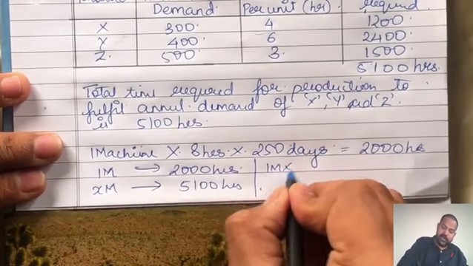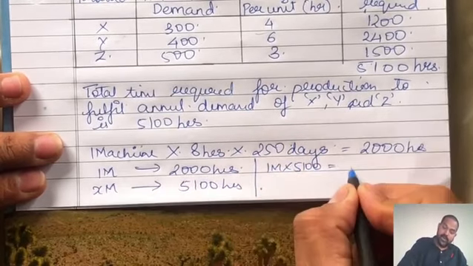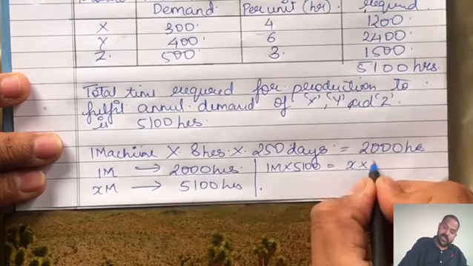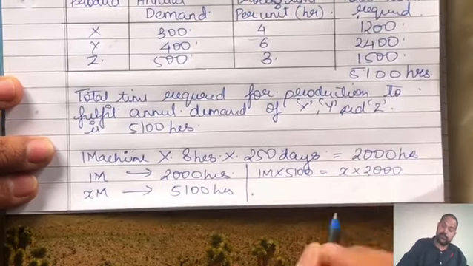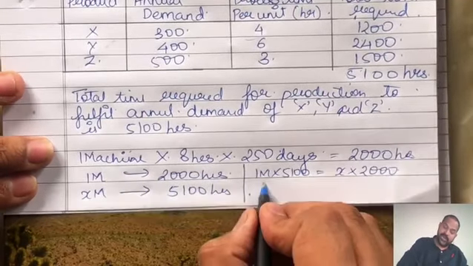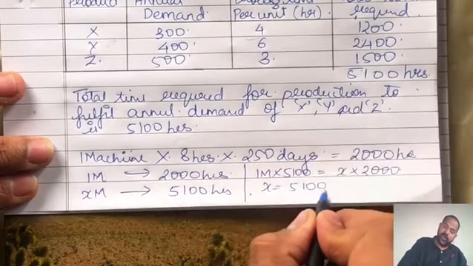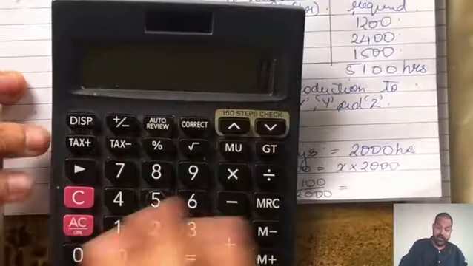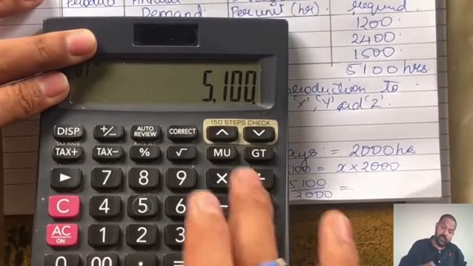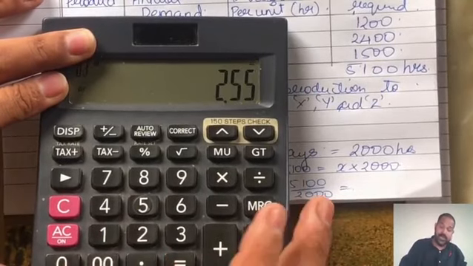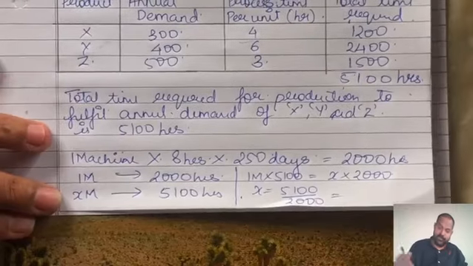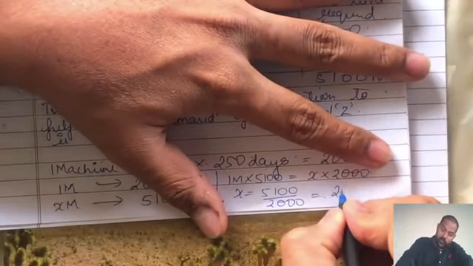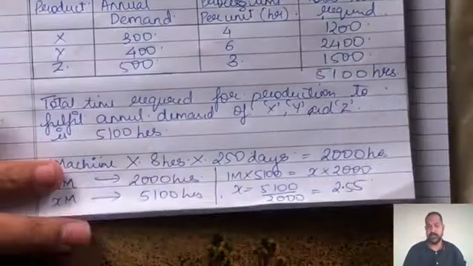One machine into 5100 is X machines into 2000. So take the 2000 to the other side. X is equal to 5100 upon 2000. What is 5100 divided by 2000? 5100 divided by 2000 is 2.55. So I will buy 2.55 machines.